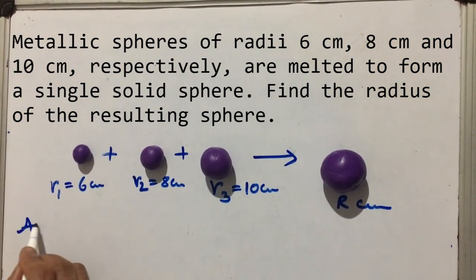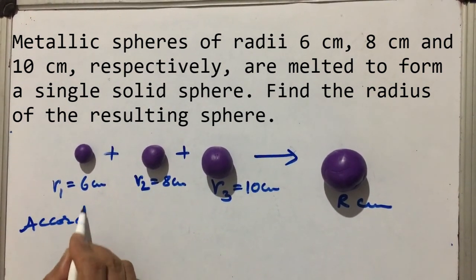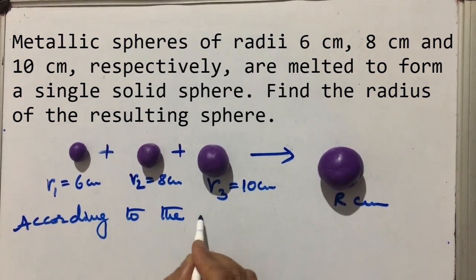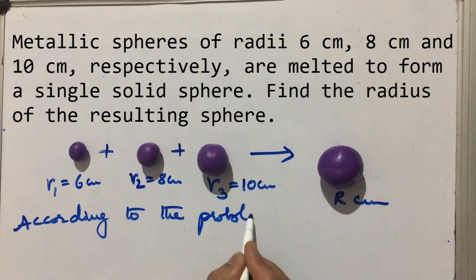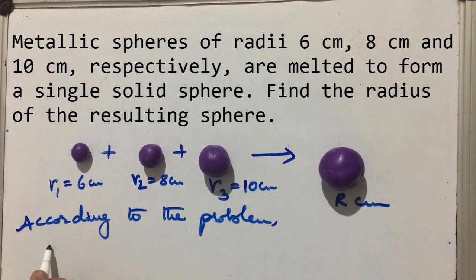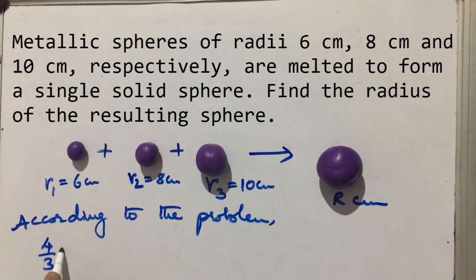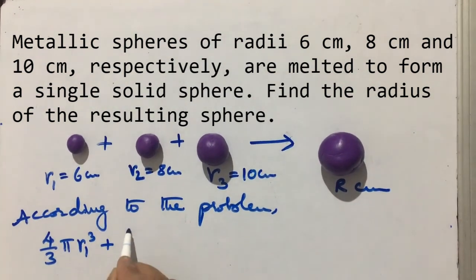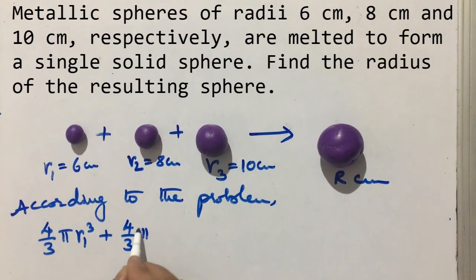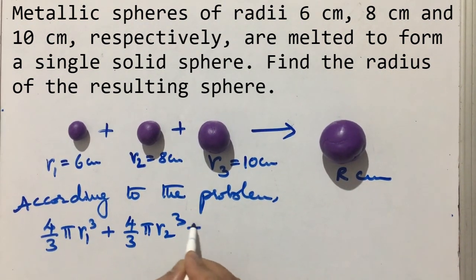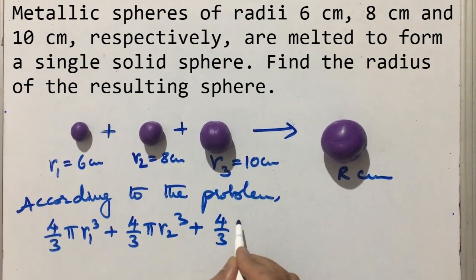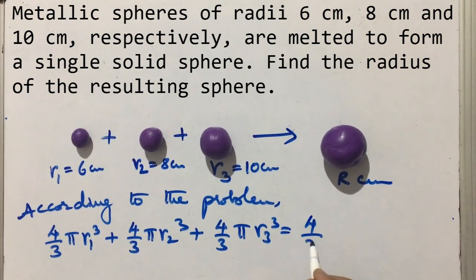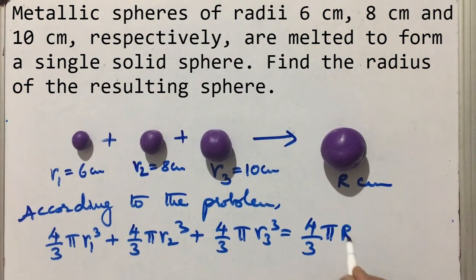So according to the problem, you can write here 4 by 3 pi R1 cube plus 4 by 3 pi R2 cube plus 4 by 3 pi R3 cube is equal to 4 by 3 pi R cube.